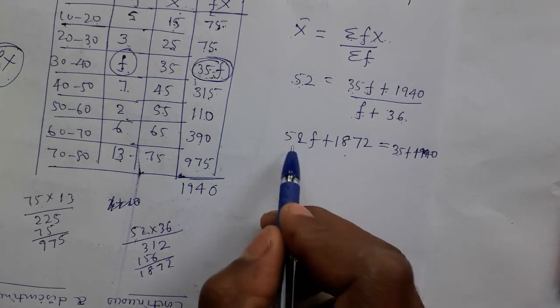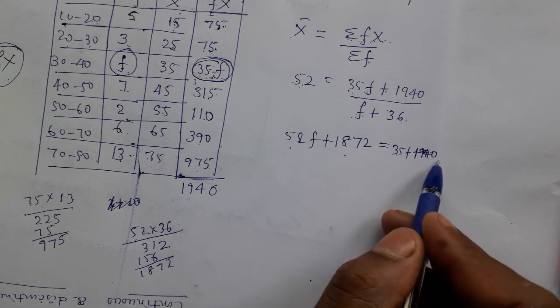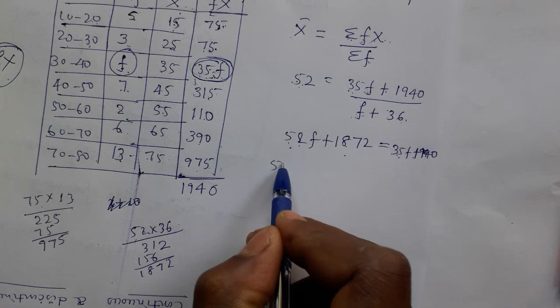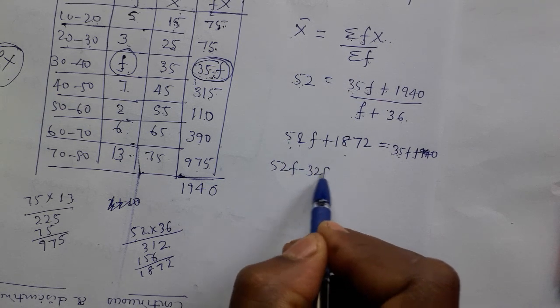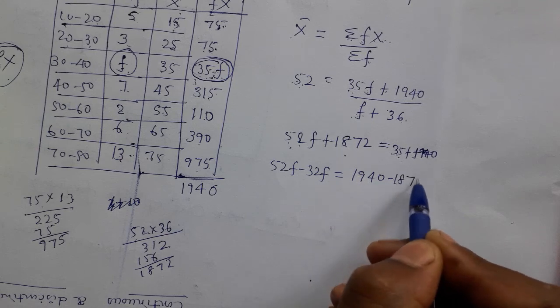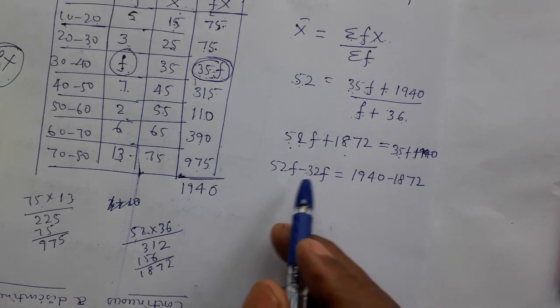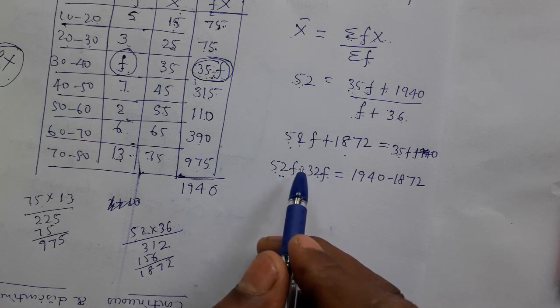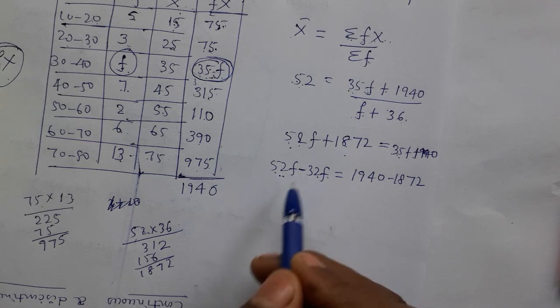Now 35f will bring this side, 1872 will take that side, because these two are like terms, 52f and 35f. 52f minus 32f is equal to 1940 minus 1872. So numbers are one side, variables are another. Now these two are like terms, we can add and also we can subtract. Now here minus will subtract.